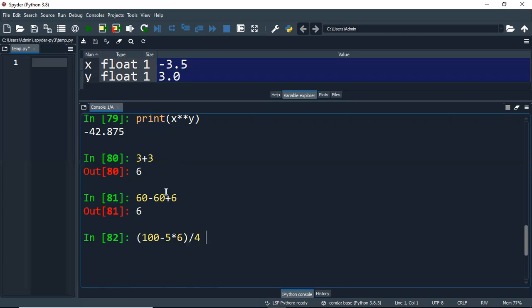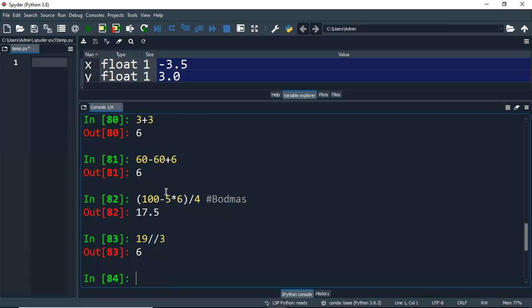So I also give that one, guys, BODMAS. In this fashion it will be executed and it will give you an output. So like this also you can find it out. Then the same way, if you want to find the remainder, I use the modulo symbol. So like this you can find the modulo.